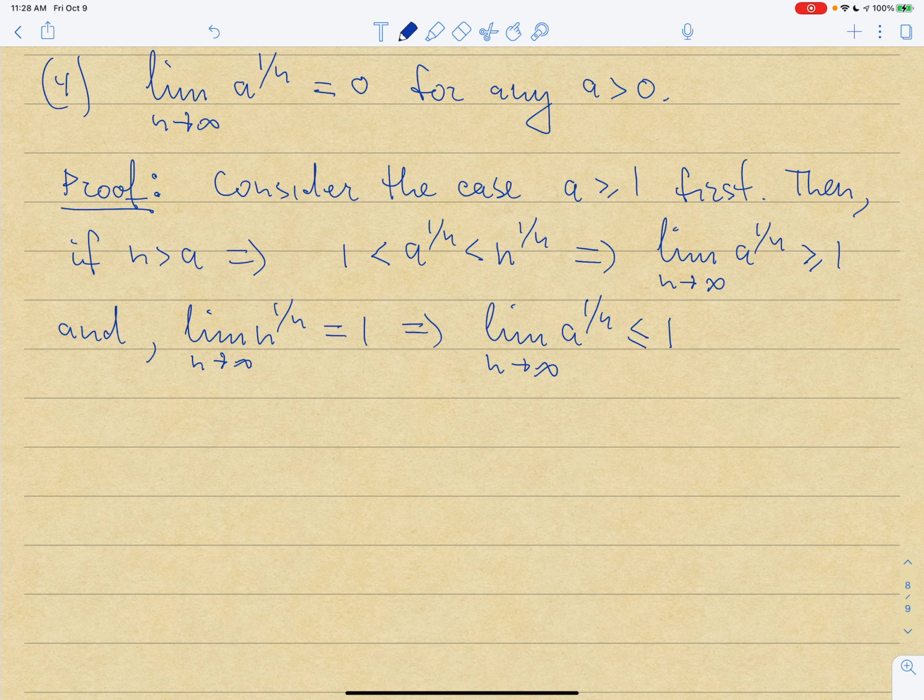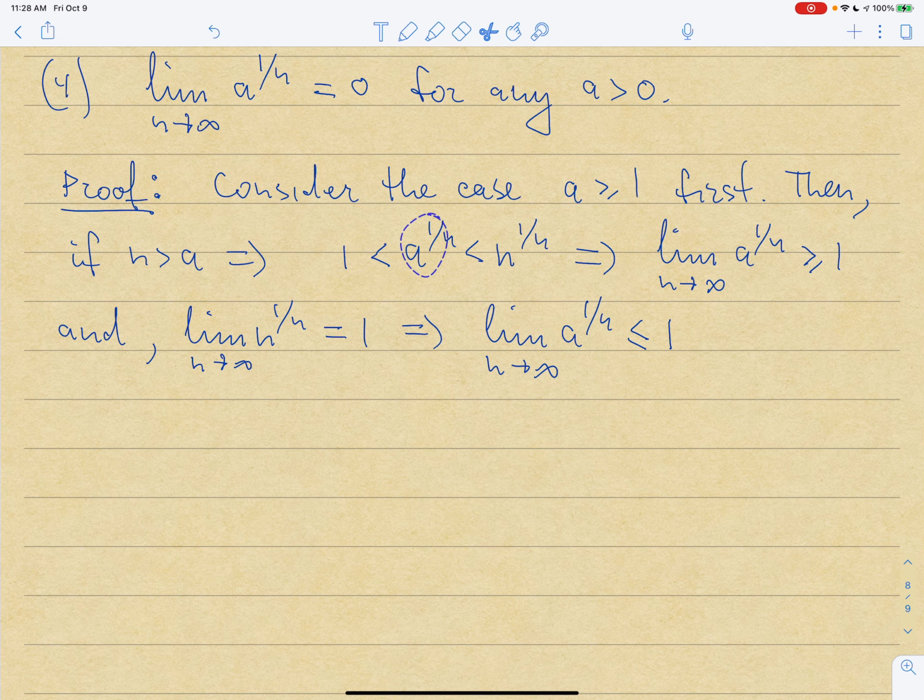Right? Because a to the power 1 over n is always less than n to the power 1 over n for large n, and so a limit of this quantity cannot be greater than 1. So it must be less than or equal to 1.